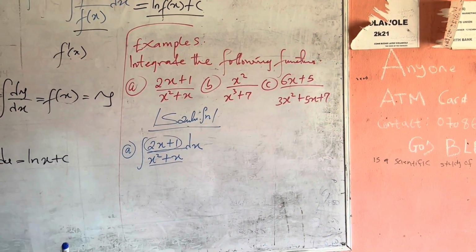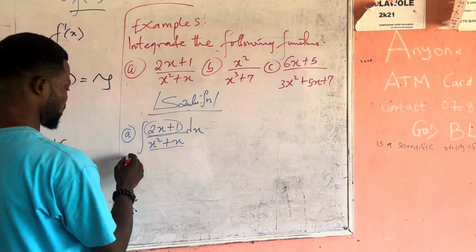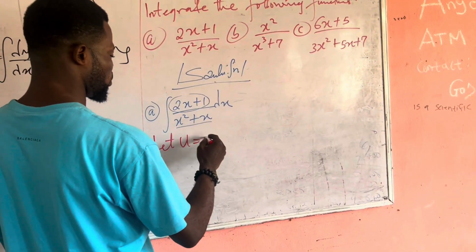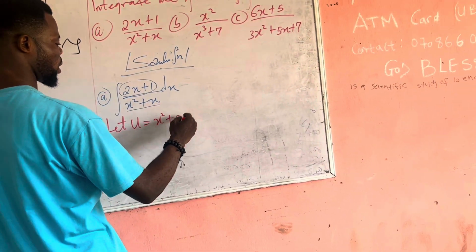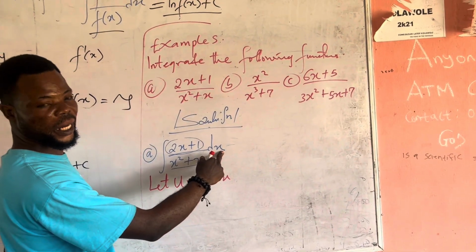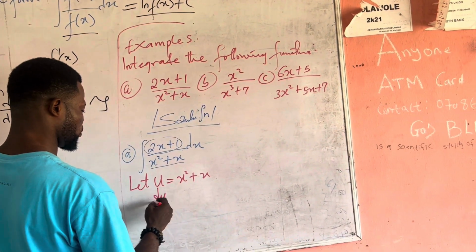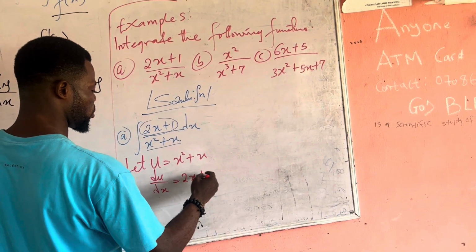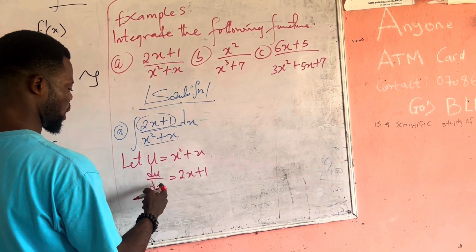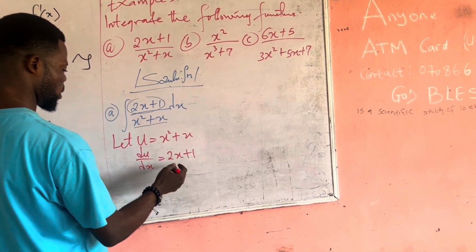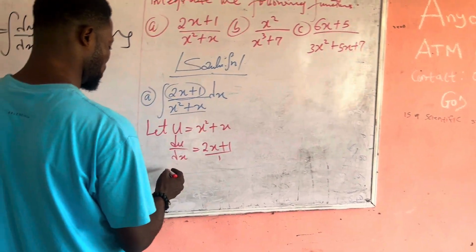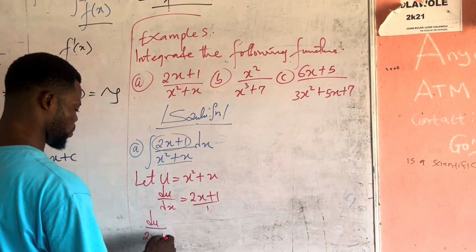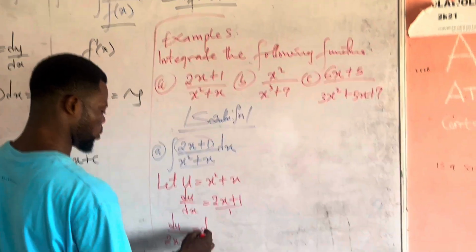We can now say let u be equal to x squared plus x. Differentiating u with respect to x will give us 2x plus 1. By cross multiplying, we have du over 2x plus 1 equal to dx.